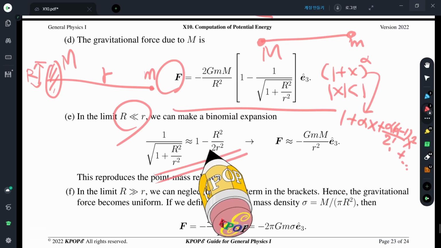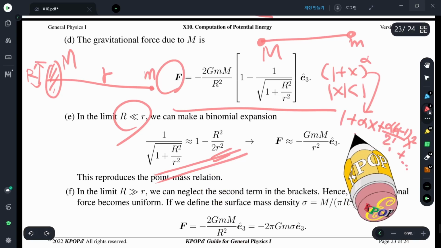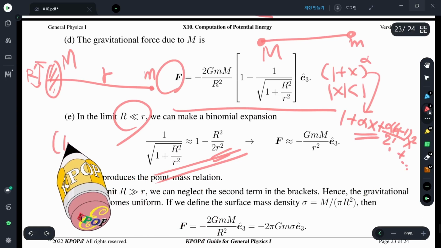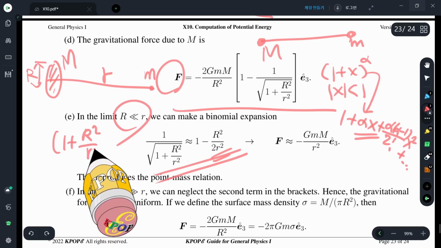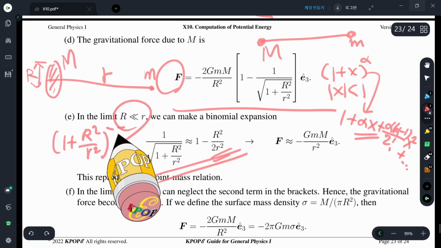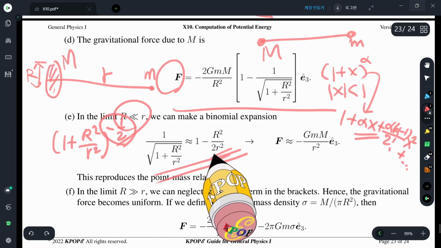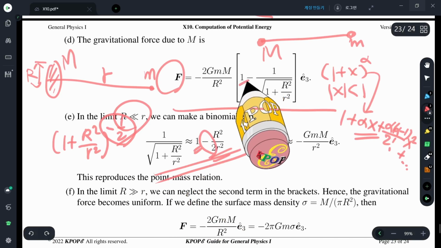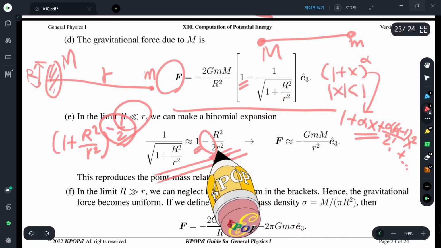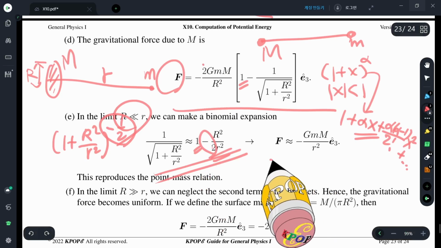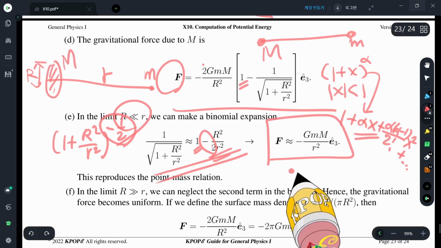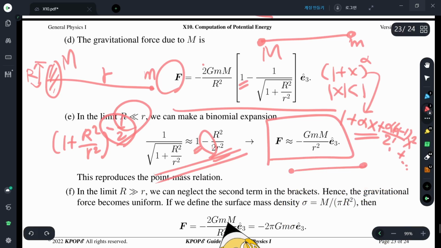If you consider the first approximation, the power is minus 1/2, so 1/2 appears here. In that case, the 1 cancels and the 2 cancels, and finally we obtain the gravitational force due to two point masses.